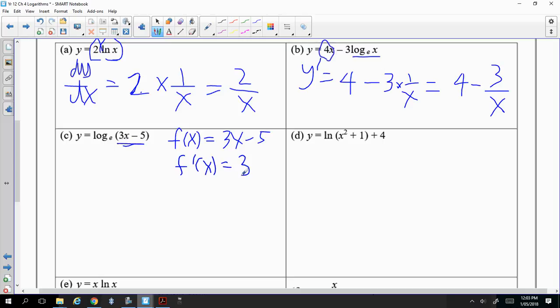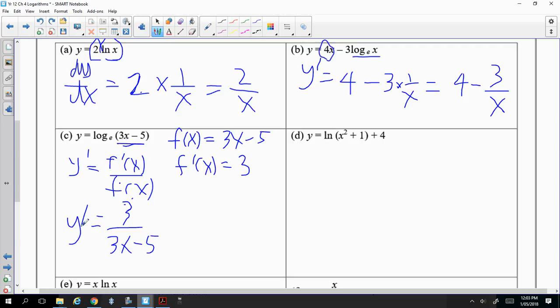So when we differentiate the log of a function, it's going to be f dash of x over f of x, which is 3 over the original function.